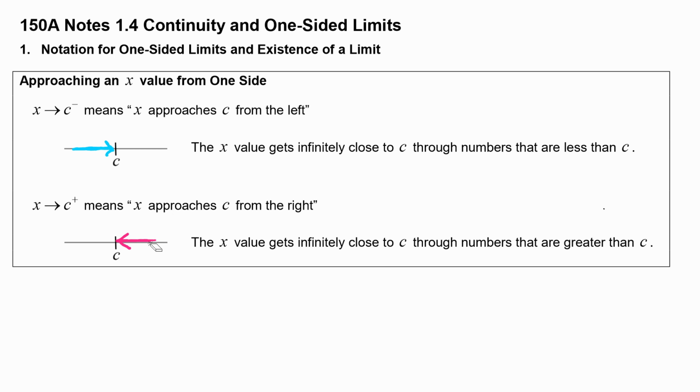They're getting closer and closer to c, but they're all a little bit bigger than c. So remember, this notation means x approaches c from the left, coming in this way, and this notation means x approaches c from the right, coming in this way.